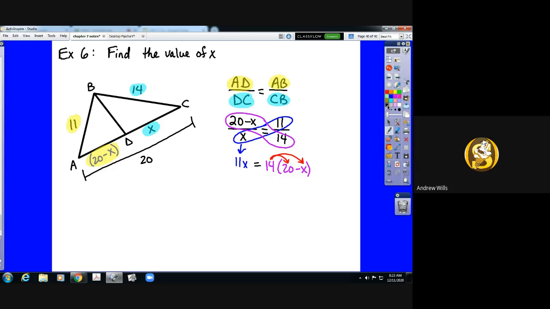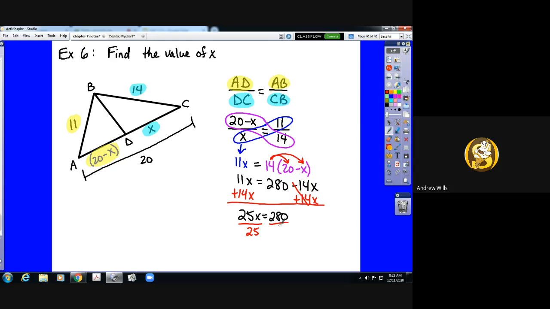So we distribute. That would give us 11x equals 14 times 20, which would be 280 minus 14x. Good. Now we're starting to see some numbers appearing in there. Very good. Then we add that 14x to each side, which would give us 25x equals 280.